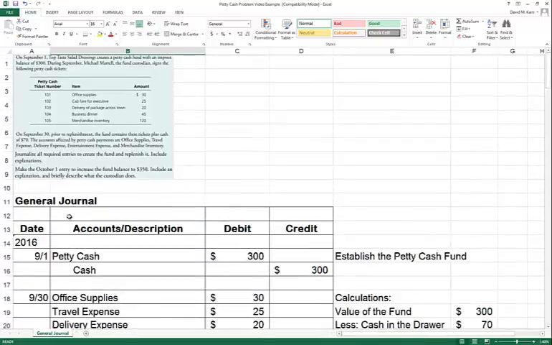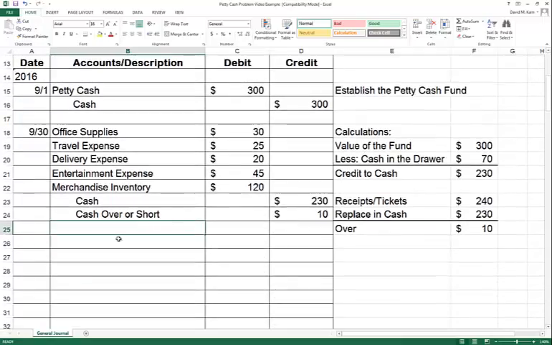Now it also wants us to make the October 1st entry to increase the fund balance to $350. Okay, very simple entry here. Remember, the value of our fund is already at $300. So on 10/1, we have to debit petty cash again.